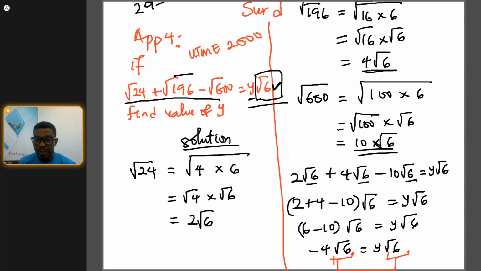So -4, thank you, Temilolua. That's a great response. So this -4, you compare it to the other side, which is y, which means y equals -4. So this is going to be the response of that UTME question.